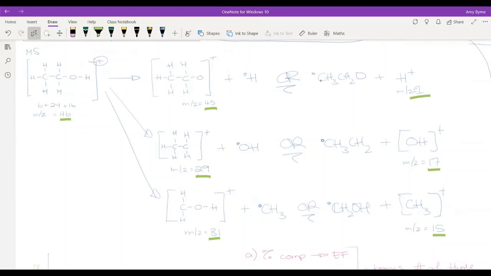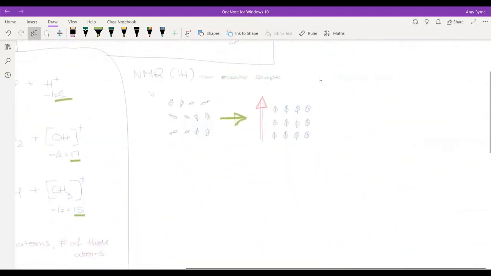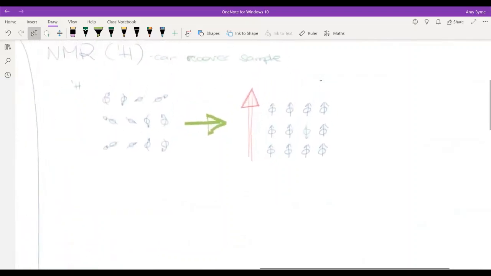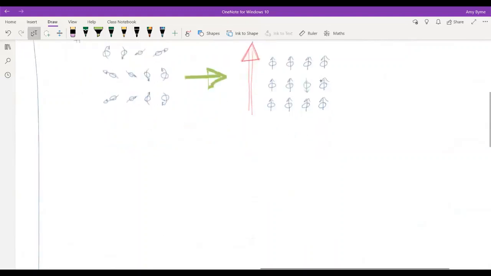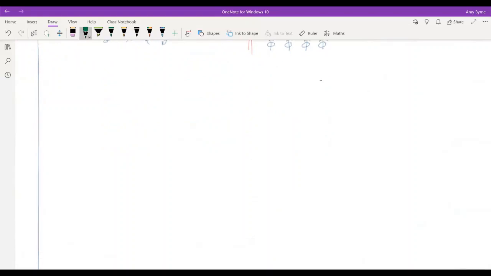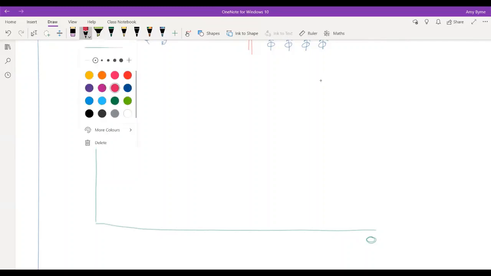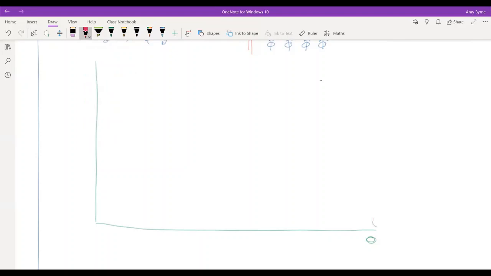Okay, so when you look at an NMR trace, my apologies, what is described as the chemical shift gets read along. So this is 0 on the far right-hand side, and there will always be a peak at 0.